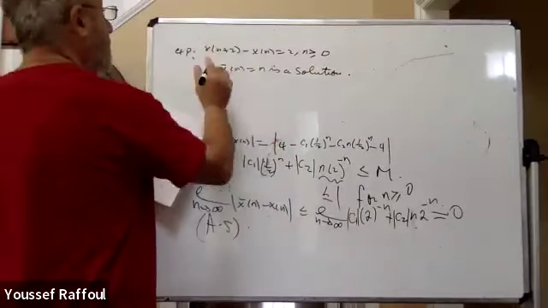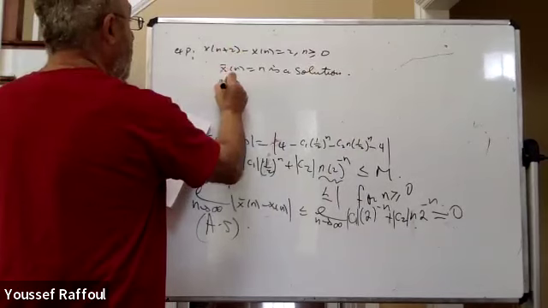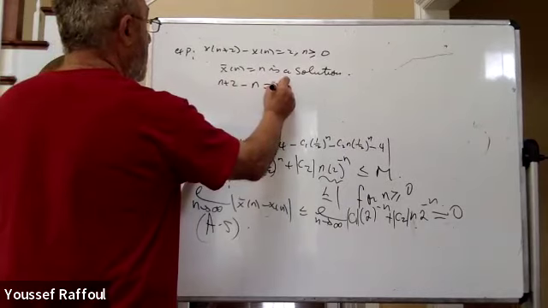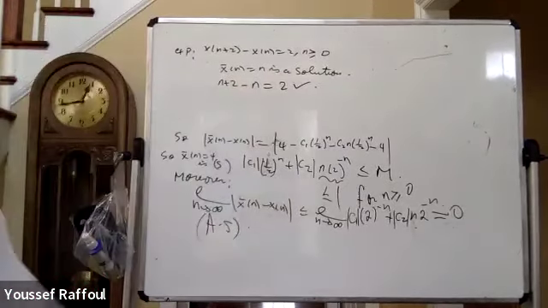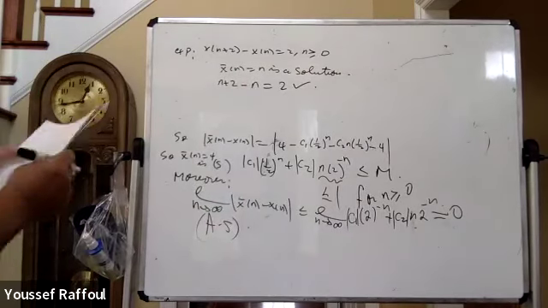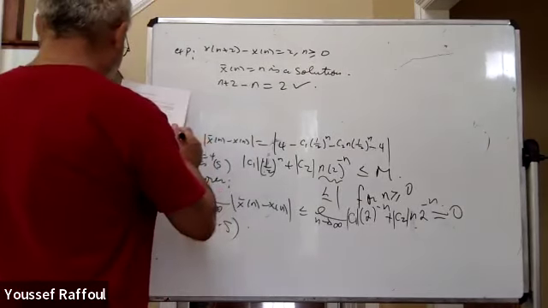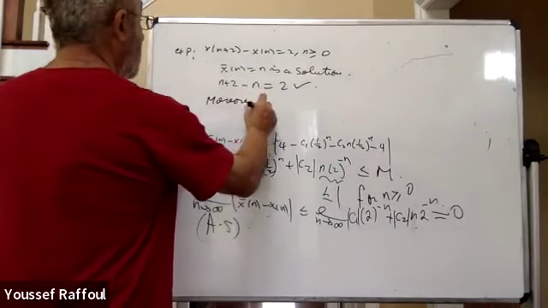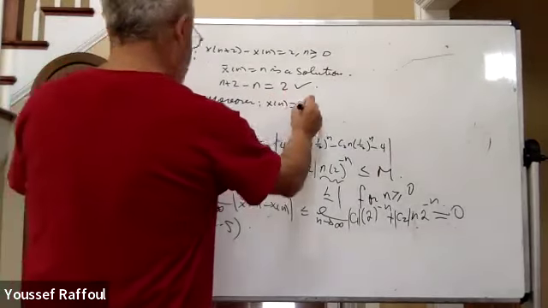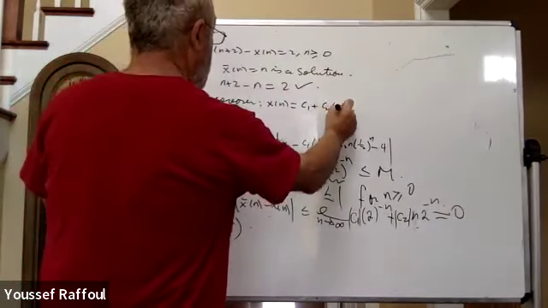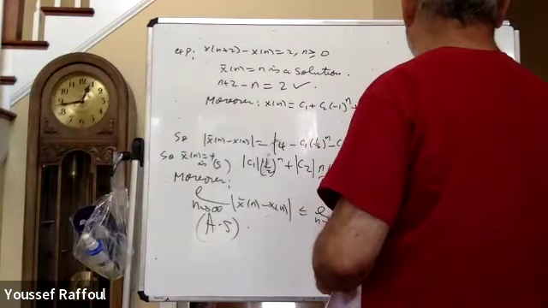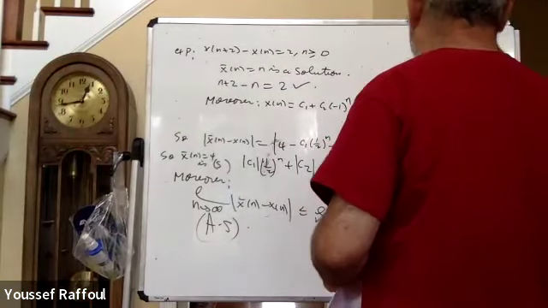How do you know that? Well, let's put it here. It will be n plus 2 minus n equals 2. You see that? So that is a solution. Moreover, xn equals c1 plus c2 (minus 1)^n plus n is another solution. Okay?